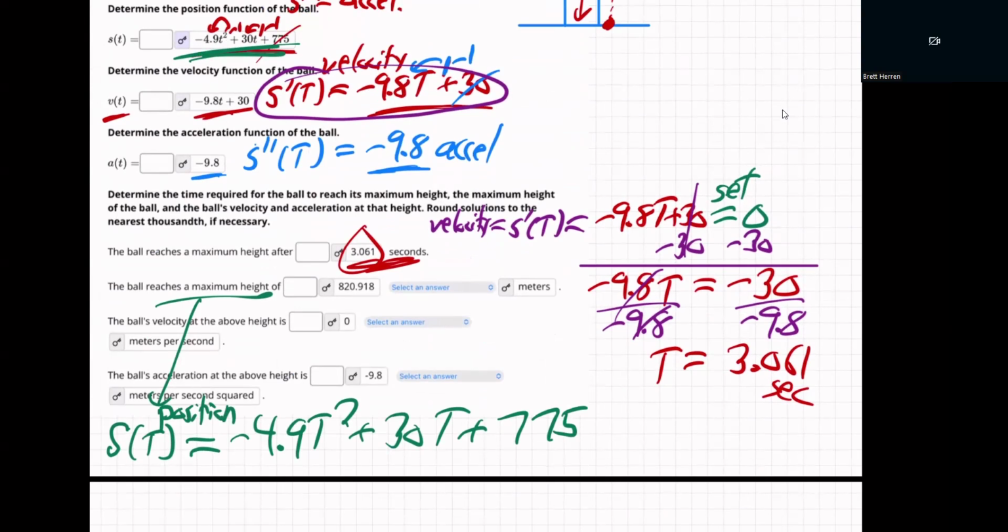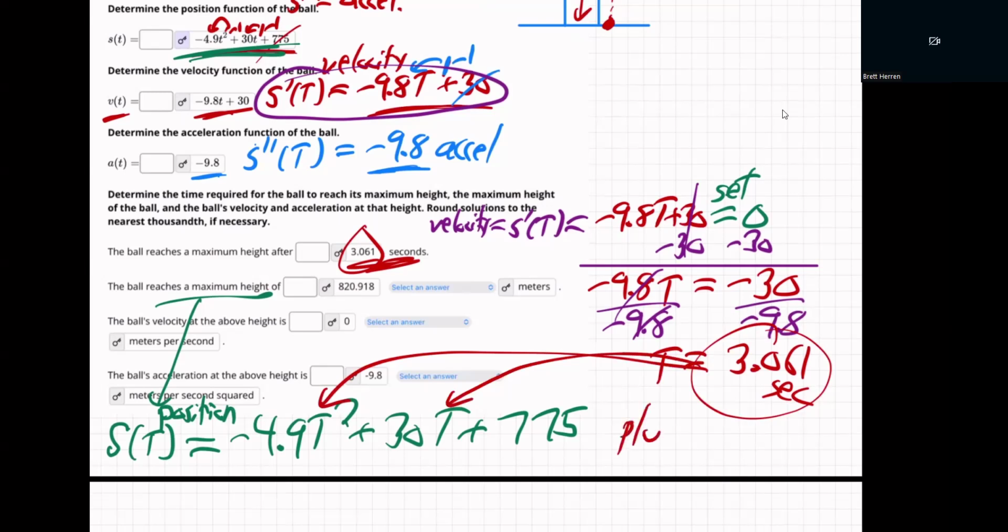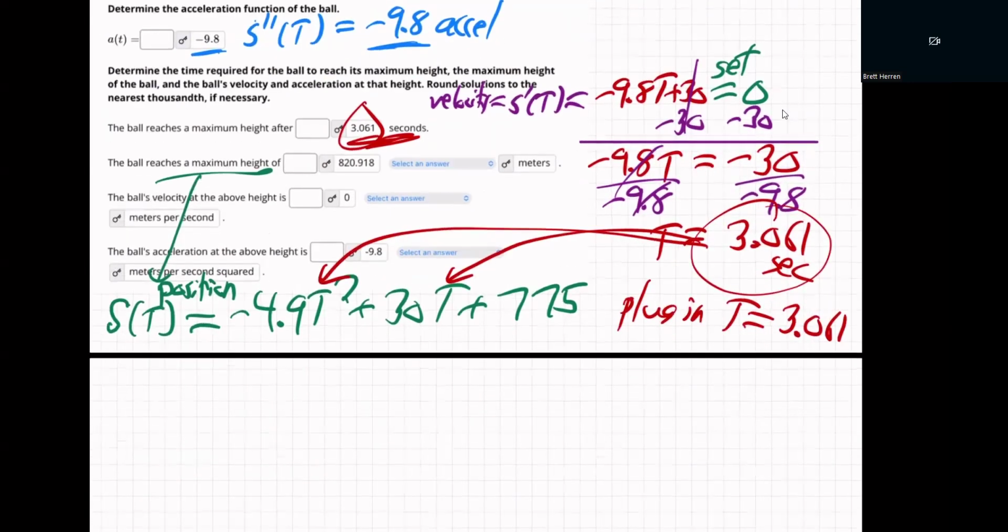Well, we're going to take this time. We're going to plug it in. T is 3.061, because that'll tell us the position, the height at that time.